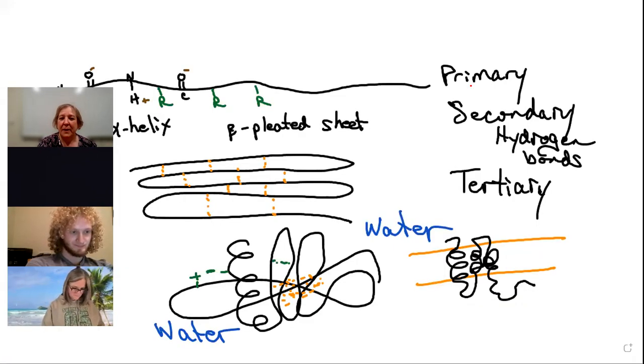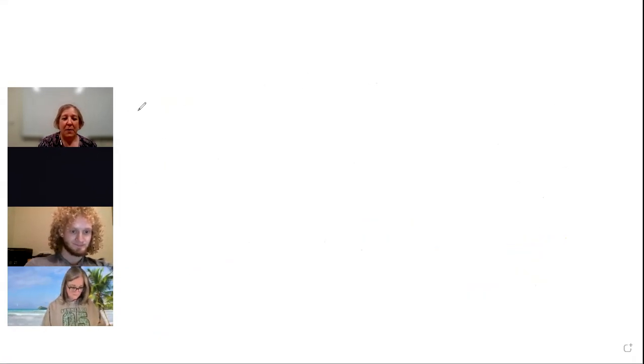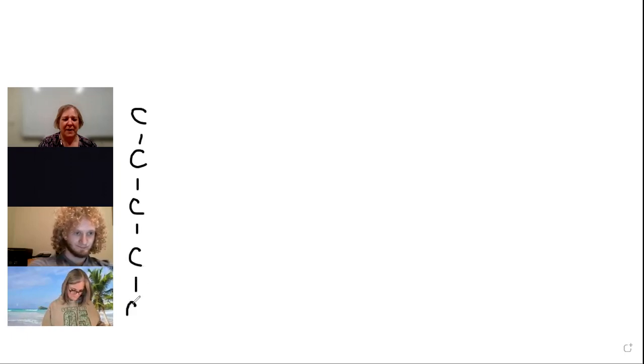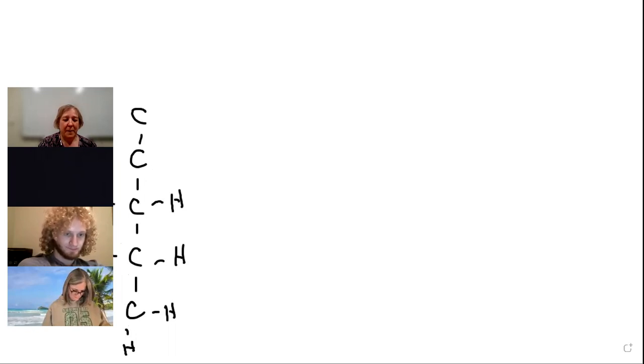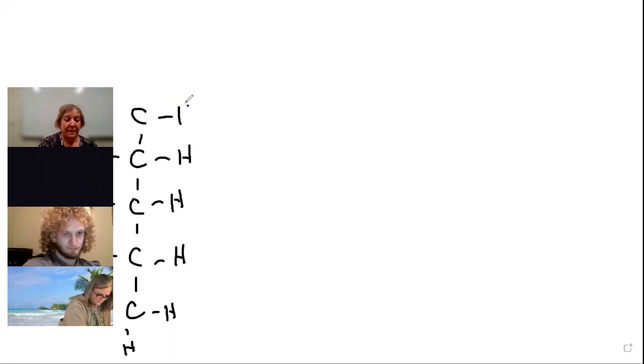Okay, so let me get rid of this. Hydrocarbons are carbons with hydrogens on them. All of a sudden I was confusing myself with carbohydrates and hydrocarbons. They are very similar. Carbons are close enough to hydrogen in size, and they're smaller than oxygen, so they don't pull on the electrons as much.